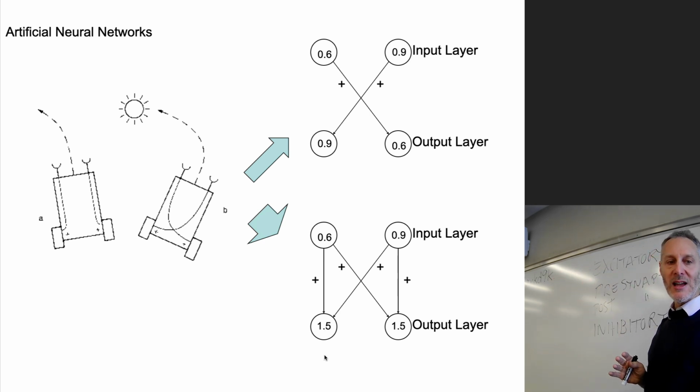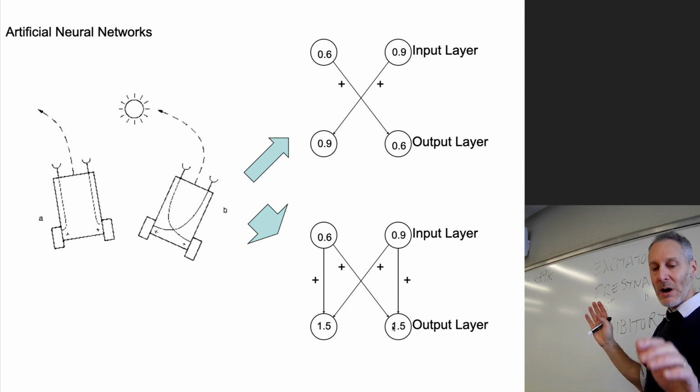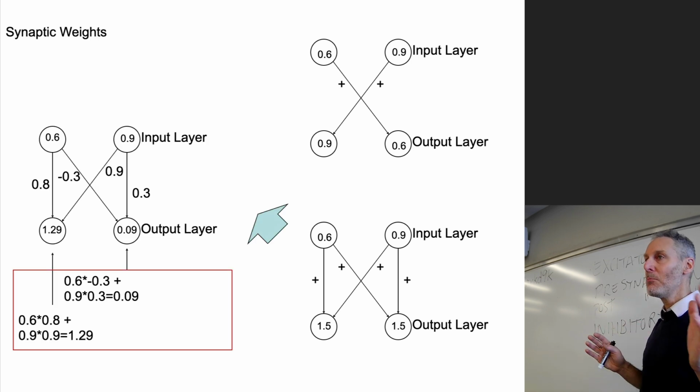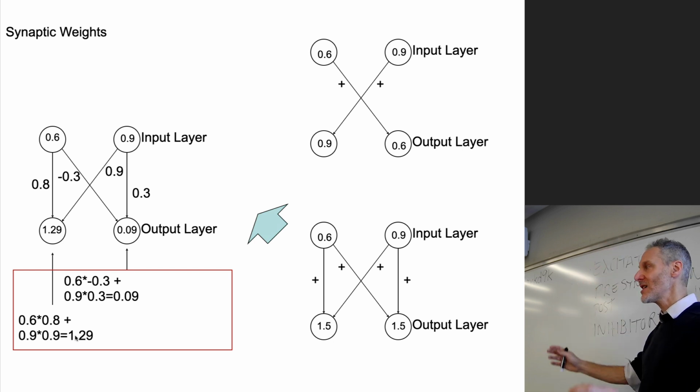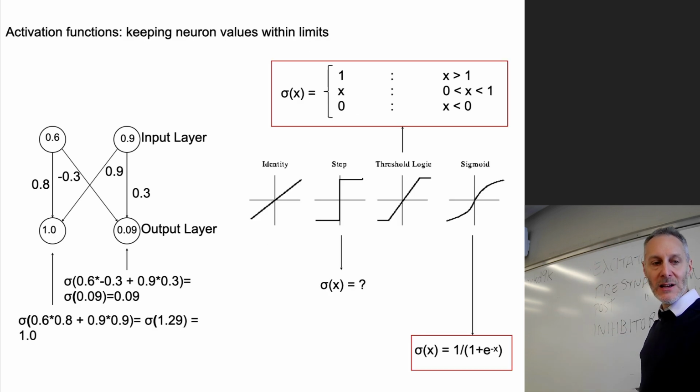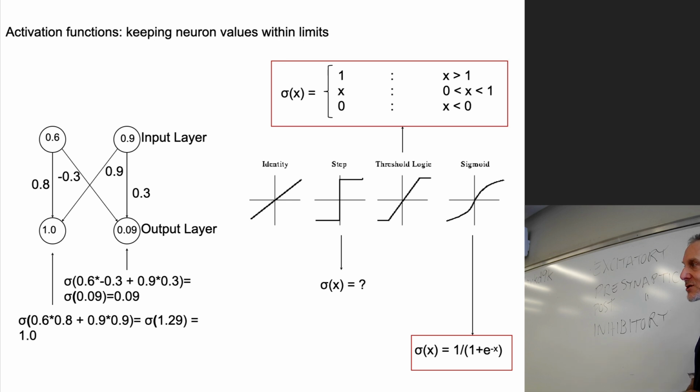In our cartoon example here, the two output neurons in our output layer must have values between -1 and +1, but one of them has broken outside of that value. So the last little detail we're going to introduce about basic artificial neural networks are activation functions.